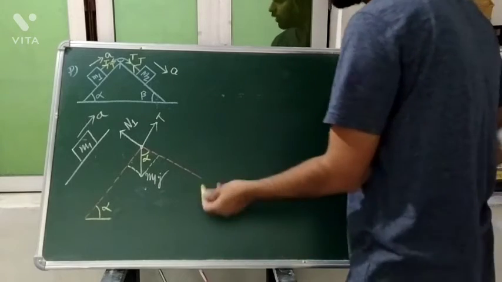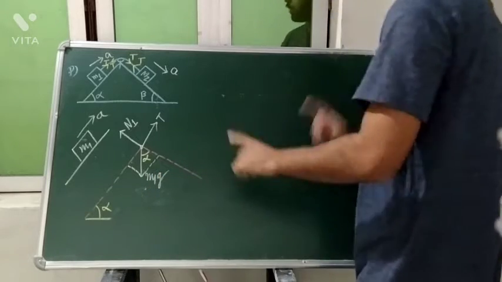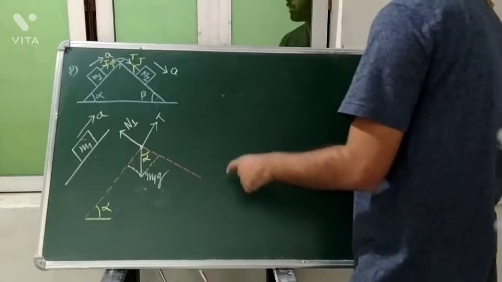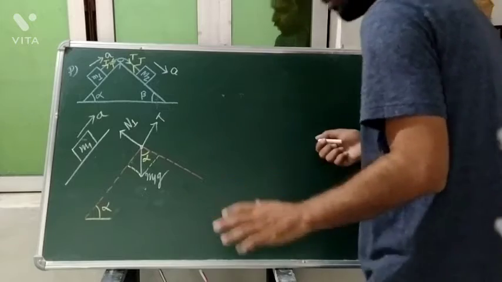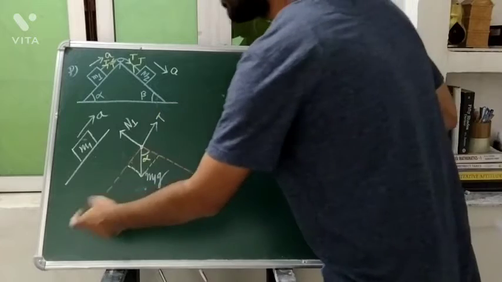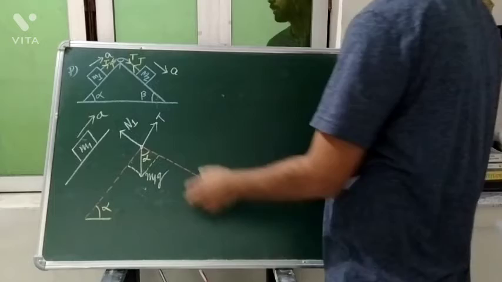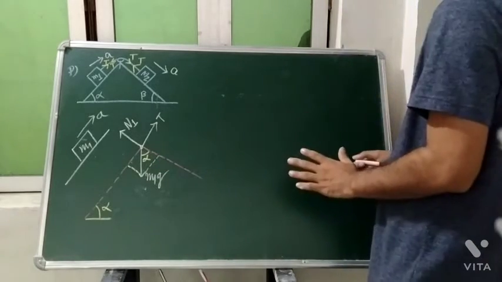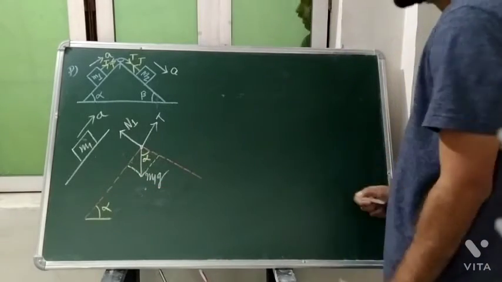I have told you that for an inclined plane, the force due to gravity makes the same angle with the perpendicular of the contact surface as the contact surface makes with the horizontal.